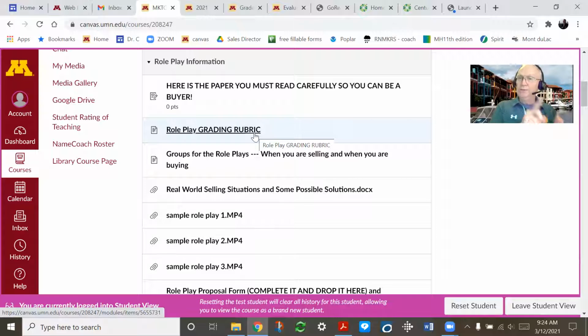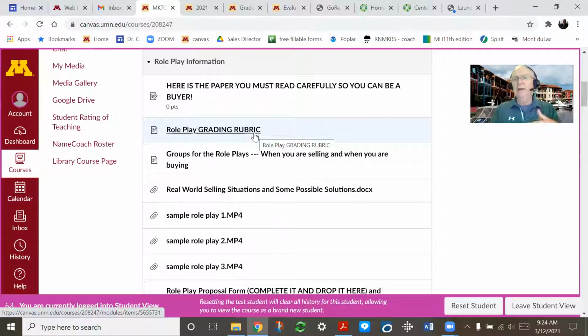While the seller's doing that, I will be stepping out within Zoom to a breakout room with one person, and that's the buyer. Buyers, I will sit down with you, the individual buyer, in that breakout room, and we'll just go through the paper and make sure you understand all the things that are there. I will reiterate what your social style is supposed to be. I will make sure you know what your needs are supposed to be. I will then identify the objections that you may raise, and what happens at the end.